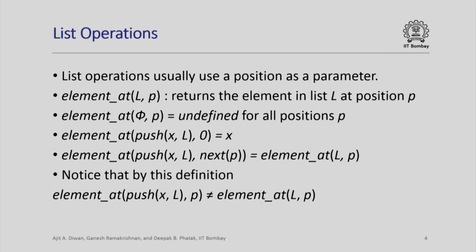So, notice that in this definition the element position changes when I push an element in a list. So, the element at position p in push x comma L is not necessarily equal to the element at position p in the list L. So, at the 0th position, for example, when I push x in L, x takes the 0th position, whereas the original element which was at 0th position in L goes to position 1 in the new list obtained by pushing x in the list.